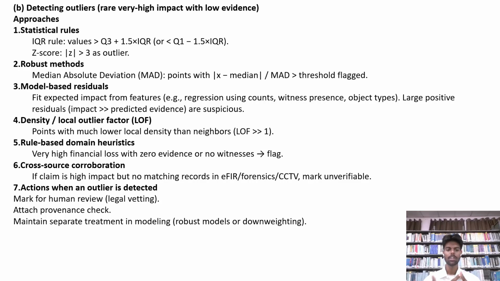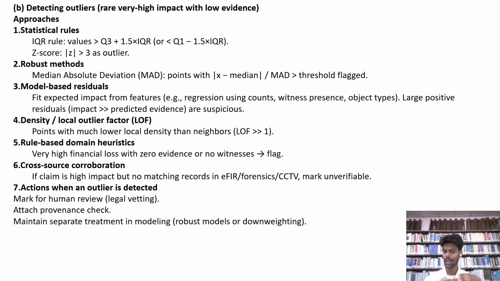Fourth, density or local outlier factor, LOF: points with much lower local density than neighbors, LOF much greater than 1. Fifth, rule-based domain heuristics: very high financial loss with zero evidence or no witnesses implies a flag. Sixth, cross-source corroboration.